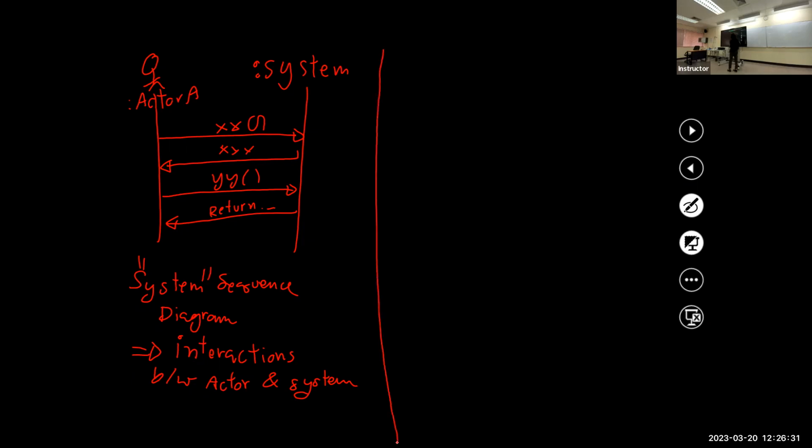On the other hand, even for the same use case, if it is a sequence diagram, not the system sequence diagram, to be precise, that is why I say white box, but actually that is just my term. It's not very standard. If you search, maybe you don't see anything, but it's my term to make you understand.